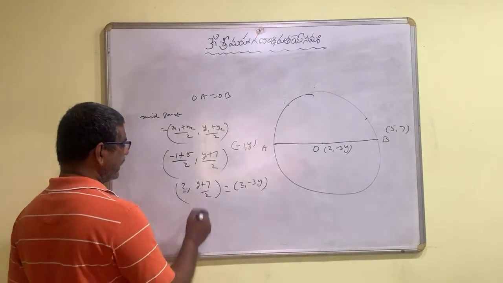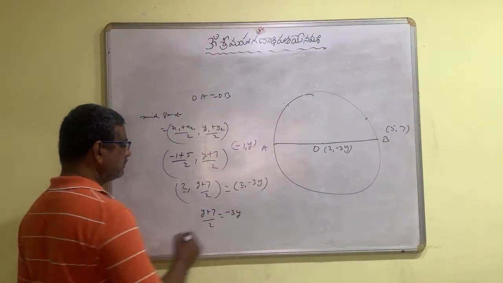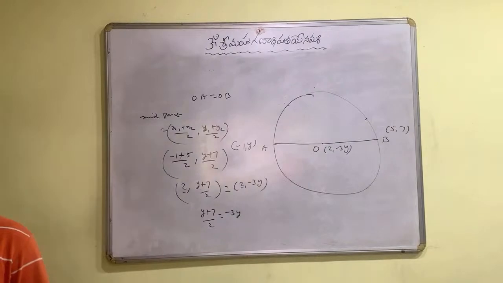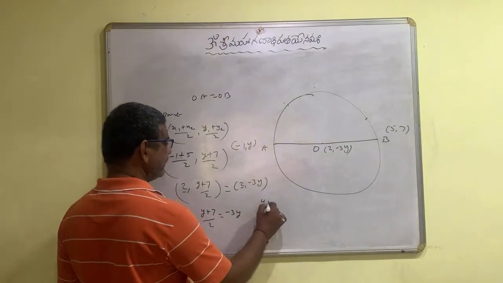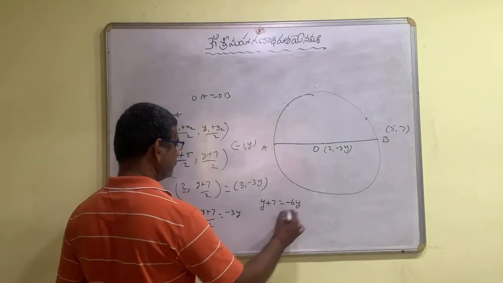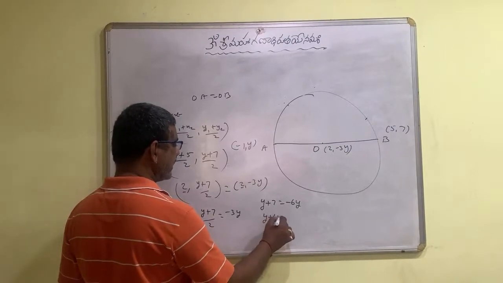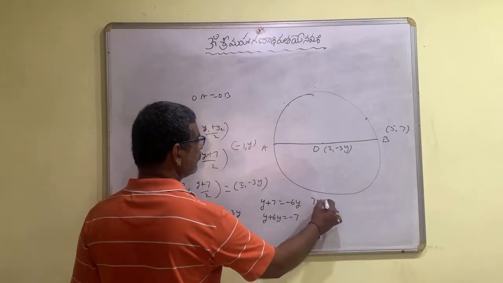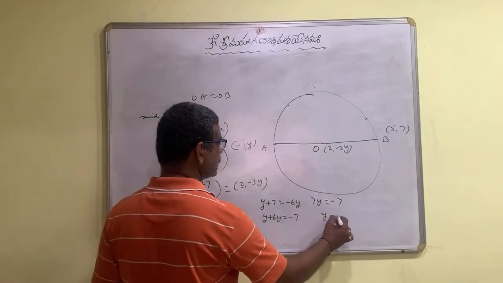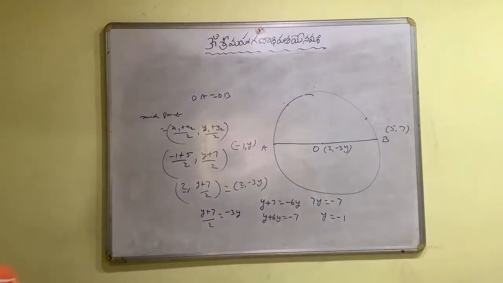Now equate the y coordinates. (y plus 7) by 2 is equal to -3y. Then y plus 7 is equal to -6y. y plus 6y is equal to -7. 7y is equal to -7. y is equal to -1.